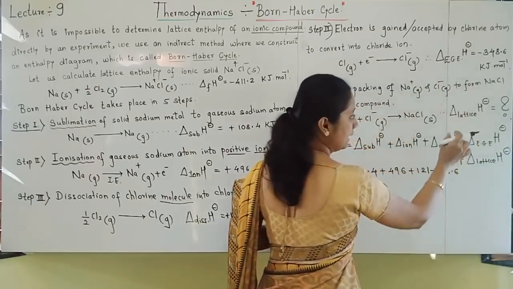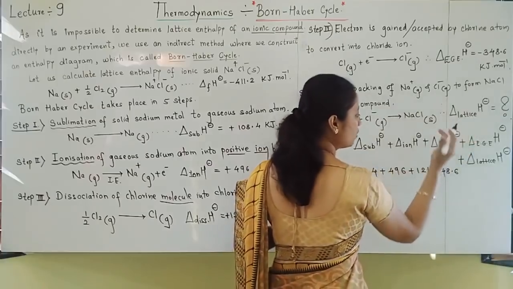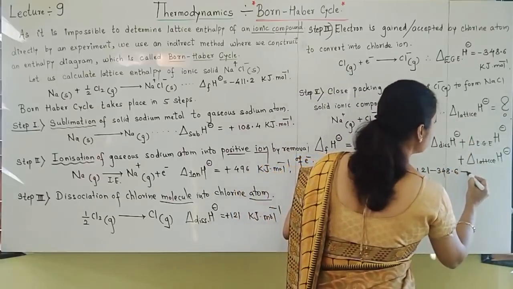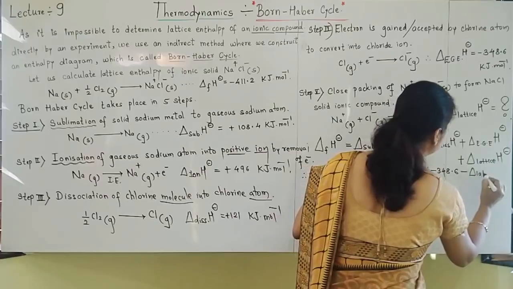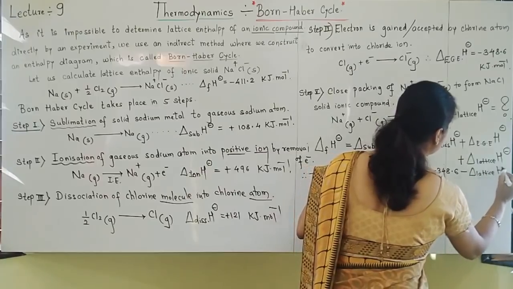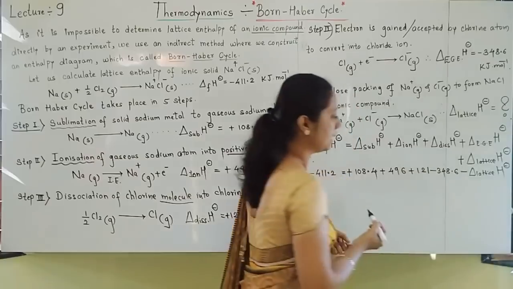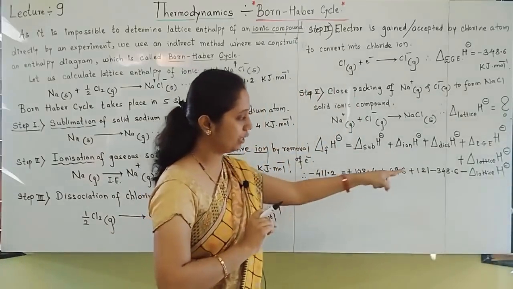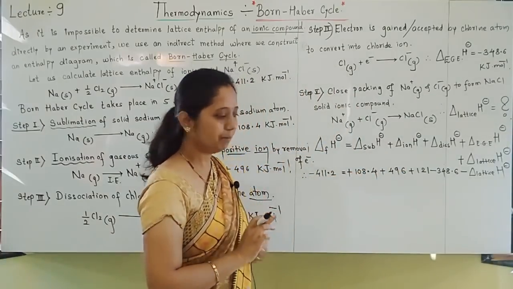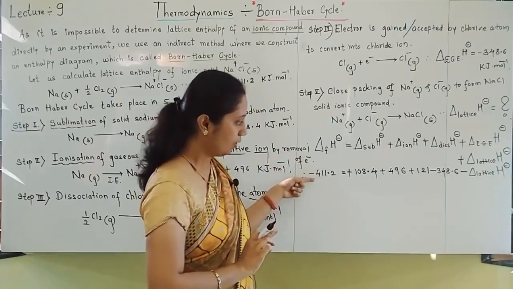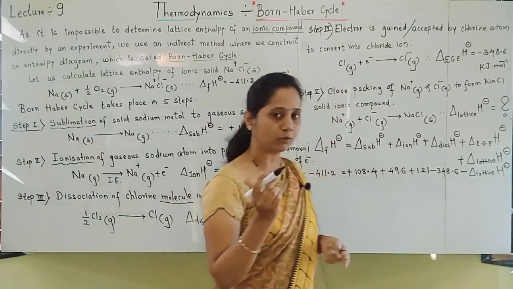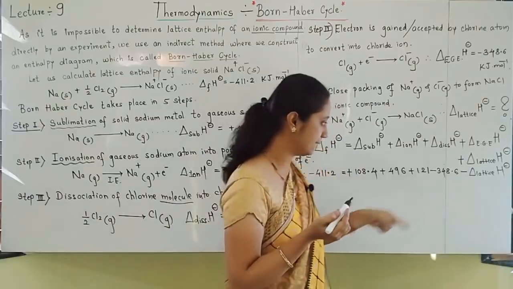Next, this lattice enthalpy we have to find out. Students, remember that lattice enthalpy is also negative. Generally lattice enthalpy value is also negative, so negative sign I have written. Now all values are known. Do calculations and you can find out lattice enthalpy.